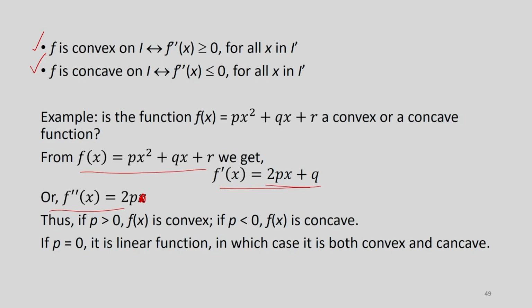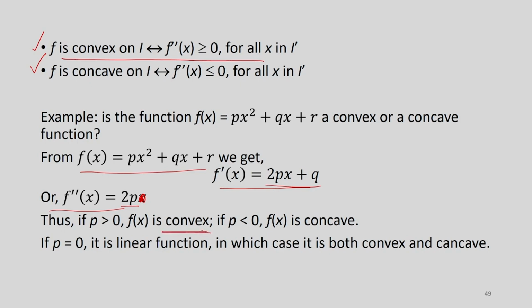Now, if p is greater than 0, if p is positive, then this second derivative is also positive, that is f double dashed of x is positive, and then we apply this rule. If the second derivative is positive, then the function is convex.